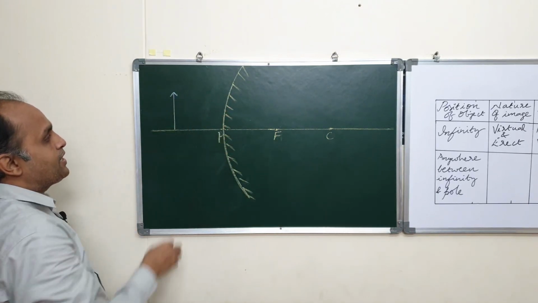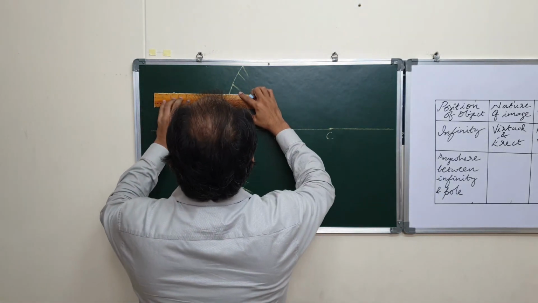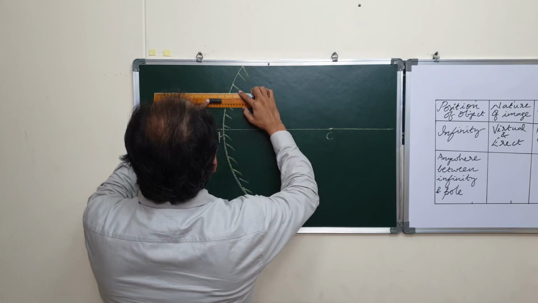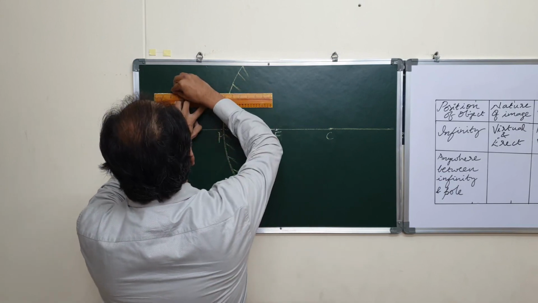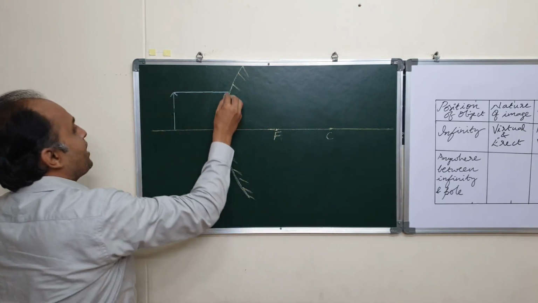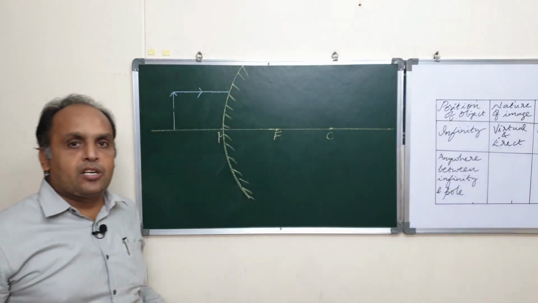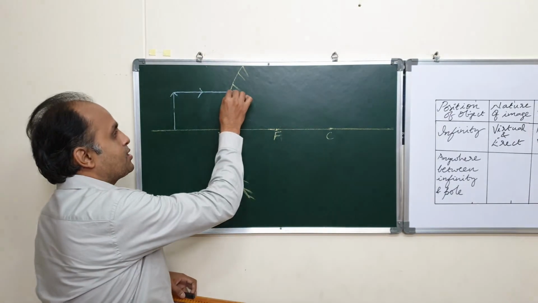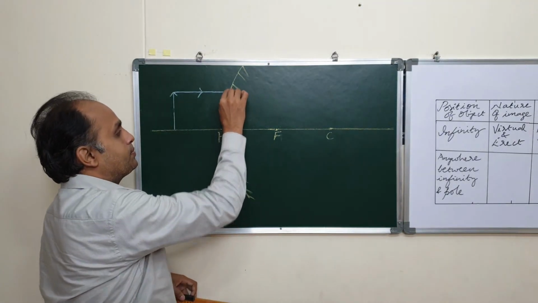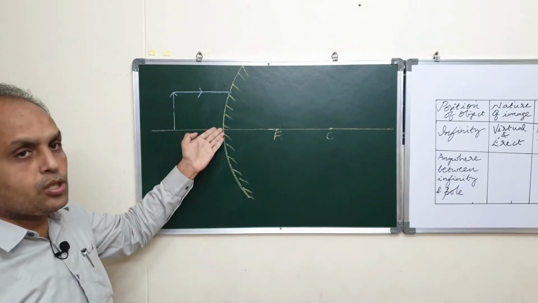So one ray we will take parallel to the principal axis. That is like this. I'm drawing here, you can see. One ray of light is hitting the mirror and coming parallel to the principal axis, and this is its point of incidence. And another ray I will draw from the object to the pole.